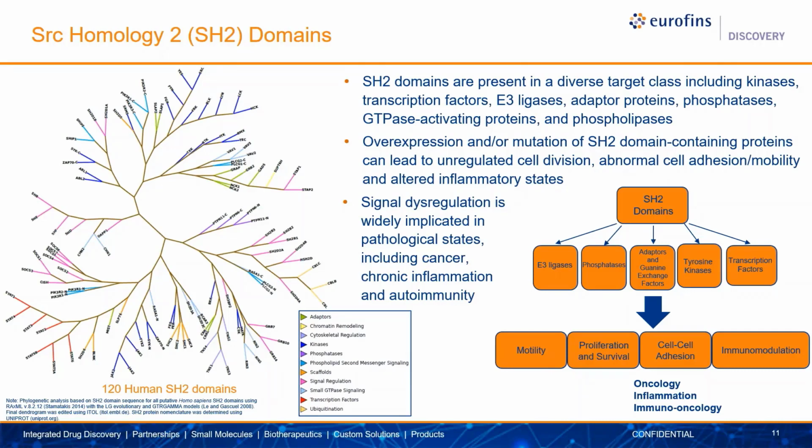There are 120 SH2 domains annotated in the human genome, and these protein-protein interaction modules are found in multiple functional protein classes, including kinases, transcription factors, E3 ligases, and adapter proteins. Dysregulation of the biological function of SH2 domain-containing proteins, such as through mutation or overexpression of the target gene product, can lead to pathological states, such as cancer and chronic inflammation.